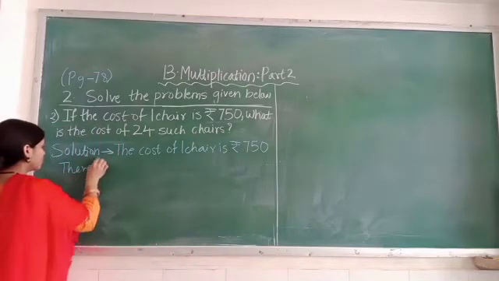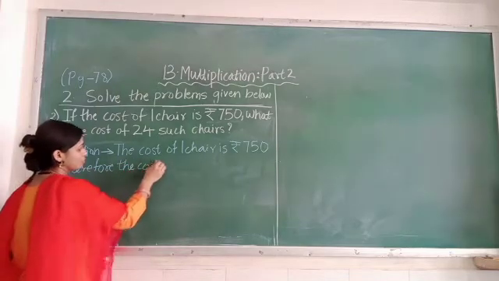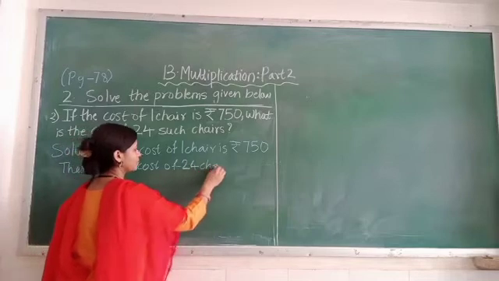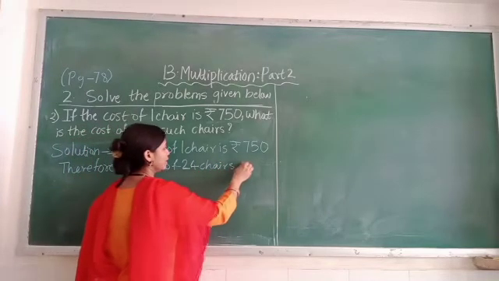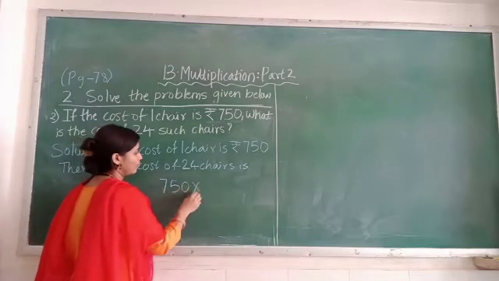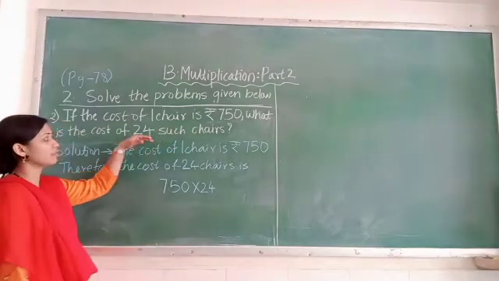Therefore, the cost of 24 chairs is 750 multiplied by 24, for finding the cost of 24 such chairs.